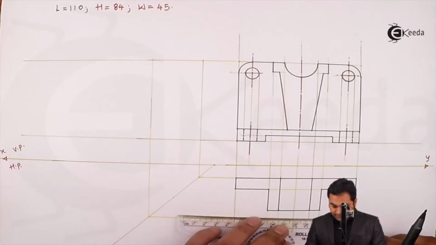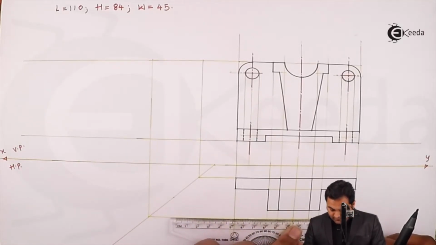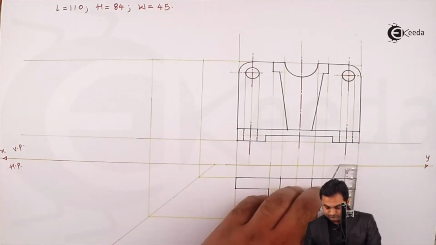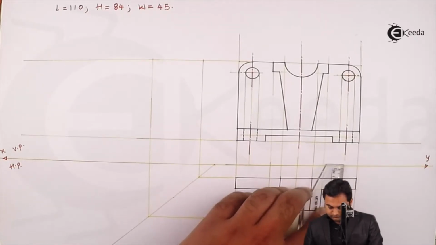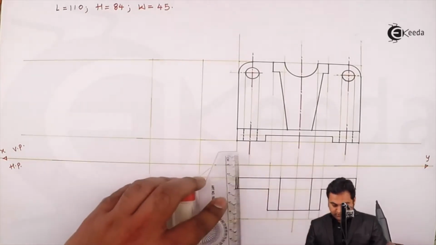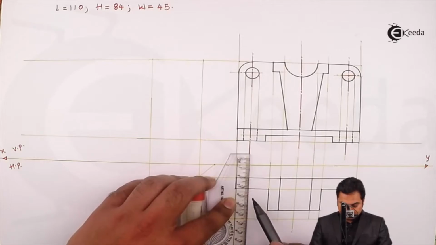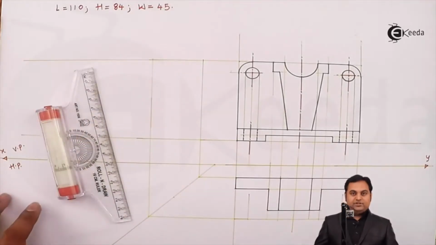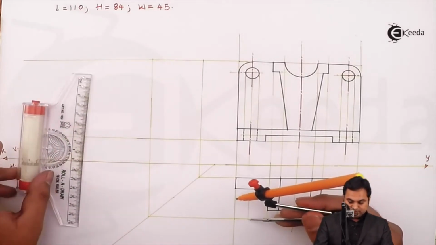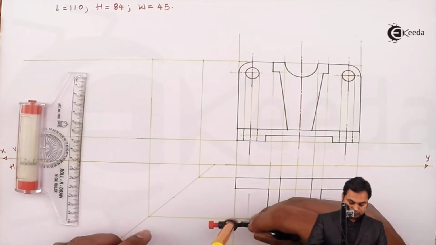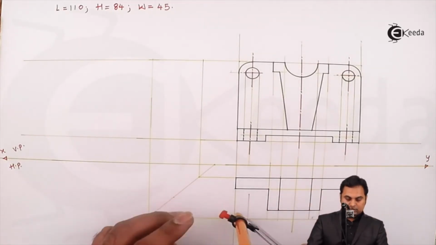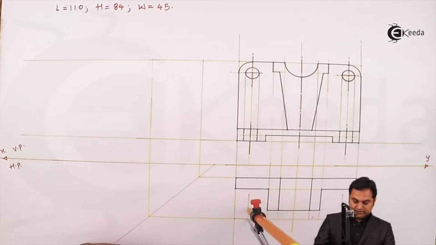radius on one side, 12 mm on other side, projecting a light line also from here. Then I'm measuring this 12 mm distance and marking it on this vertical line.